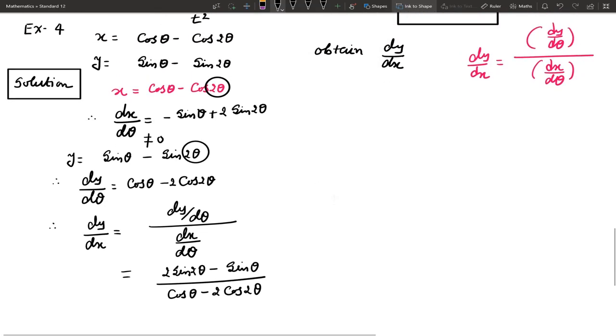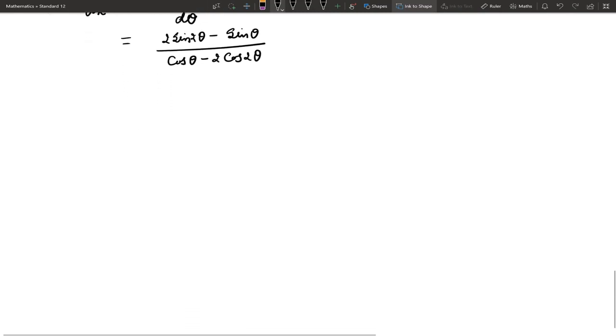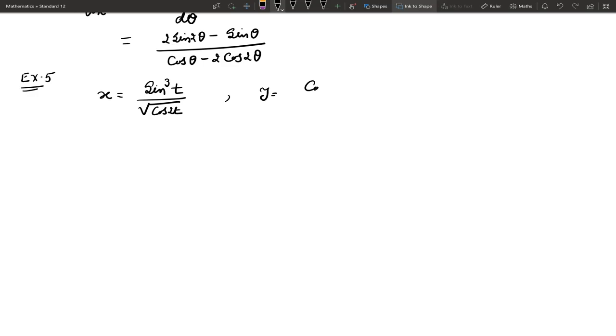We take one more example. X equal to sin cube t upon root cos 2t, Y equal to cos cube t upon under root cos 2t.